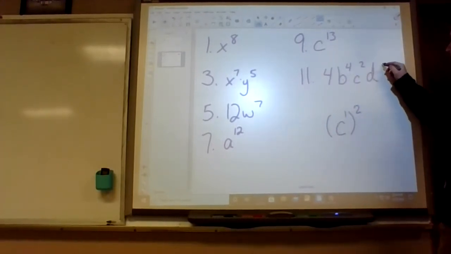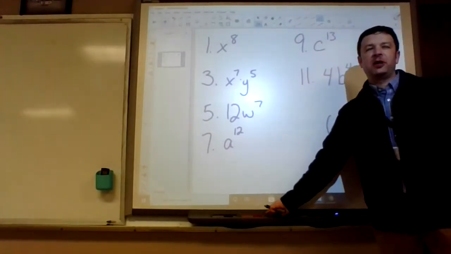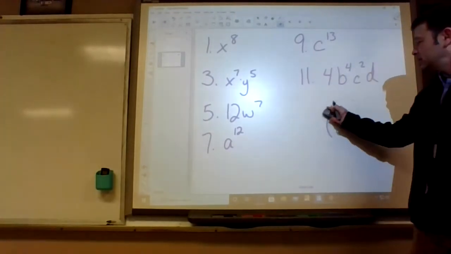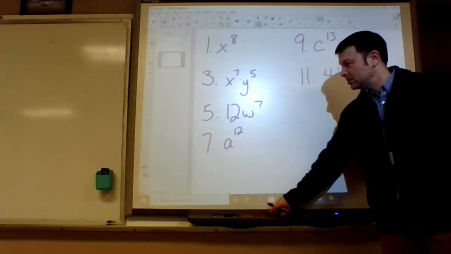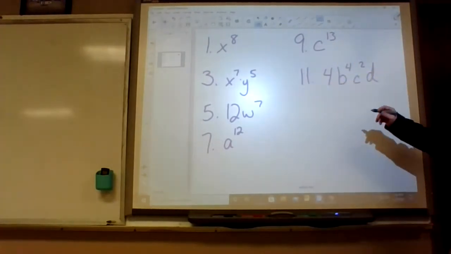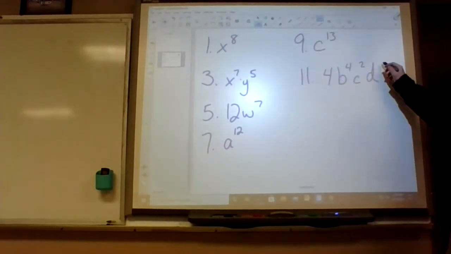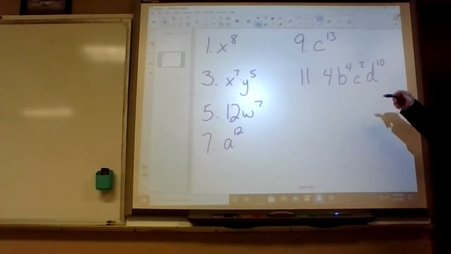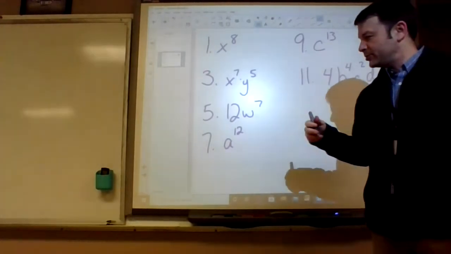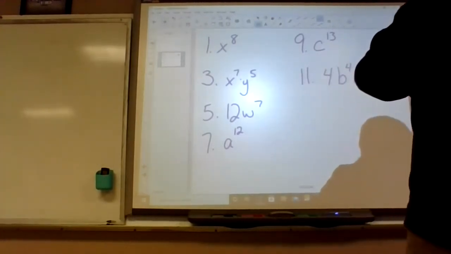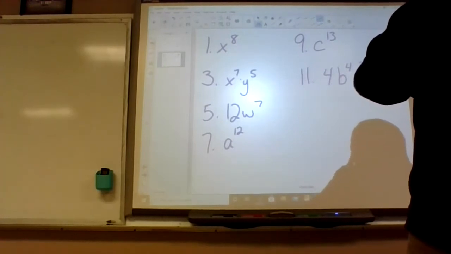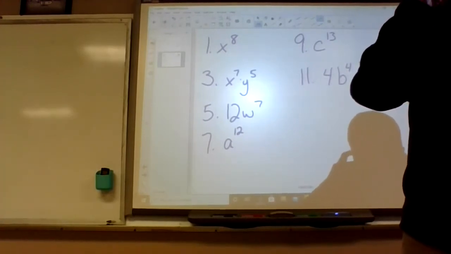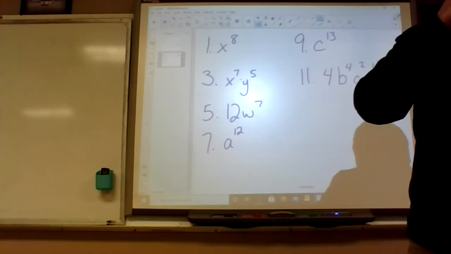Power to a power, what do you do with powers? Multiply. Okay, we're multiplying. When you have a power to a power, just like number 7, number 11 and 7 are very similar. You just multiply the powers on all of them. It's kind of like the distributive property.